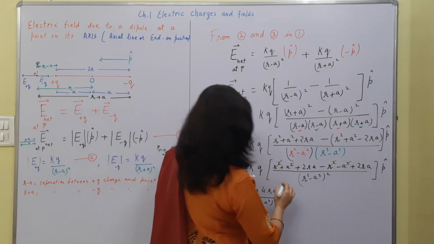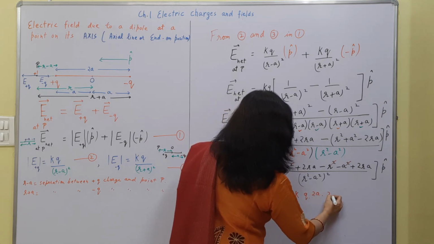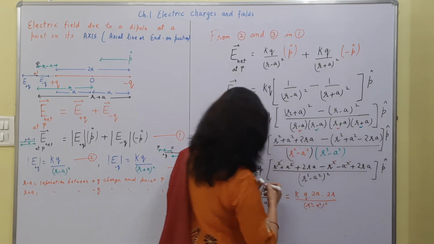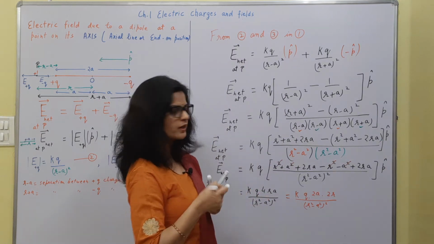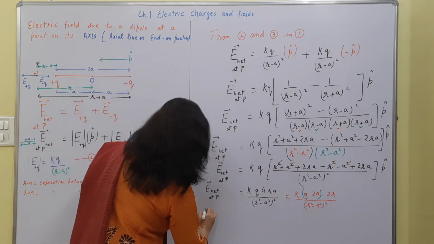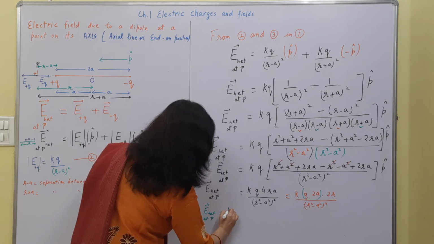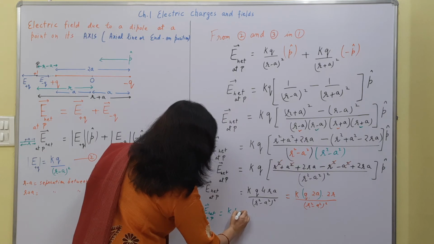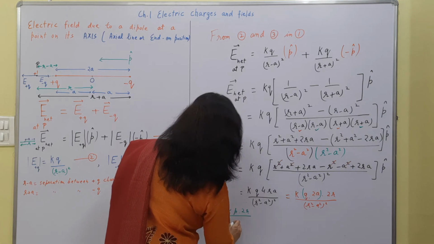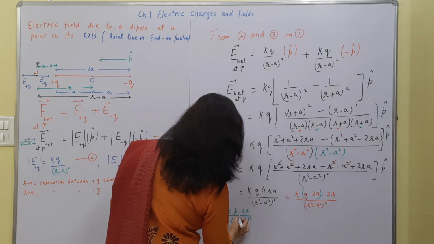This can also be written as K Q into 2A into 2R upon R square minus A square to the power 2. And this term Q into 2A can be replaced by the dipole moment, that is P. So I can write E net at P is K P into 2R upon R square minus A square to the power 2. Right?